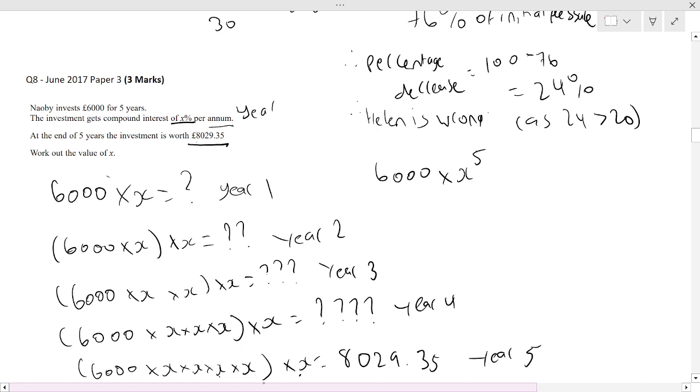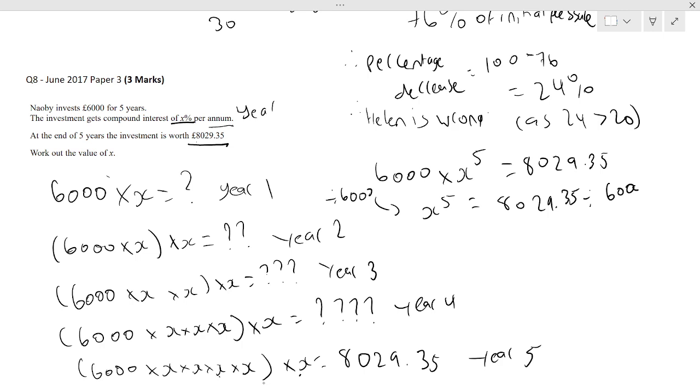Again, you can think of this in terms of index laws. If you're timesing by the same number, you add the powers. Well, it's 1 add 1 add 1 add 1 add 1. That's 5. So 6,000 times x to the 5 is 8,029.35. We can now solve for x. If we times by 6,000, let's get rid of it by dividing by 6,000, and then we're left with x to the 5 is 8,029.35 over 6,000.